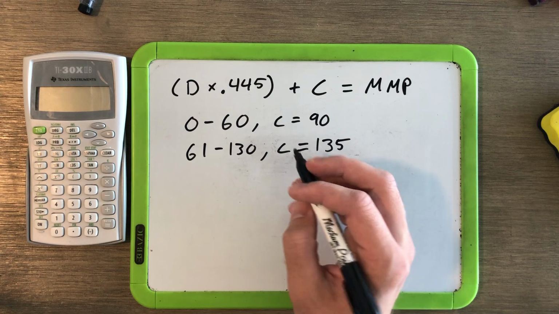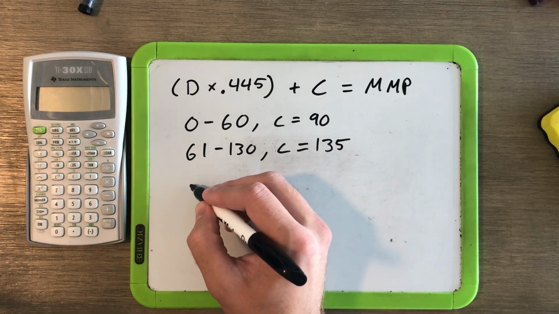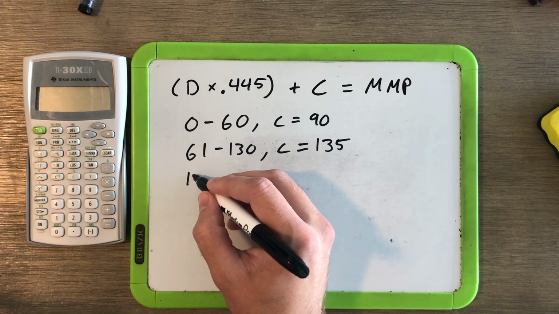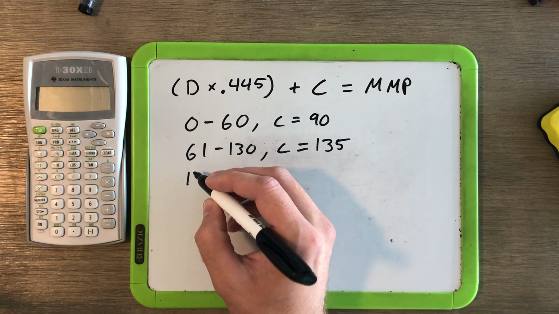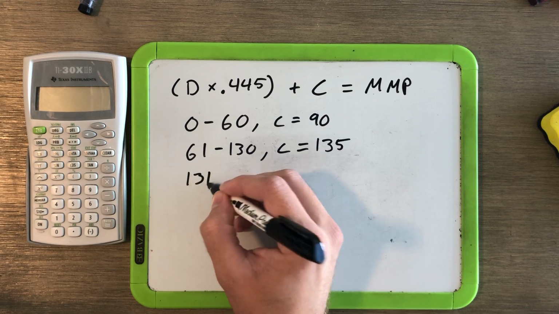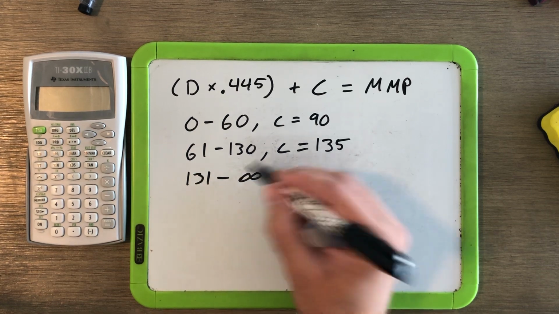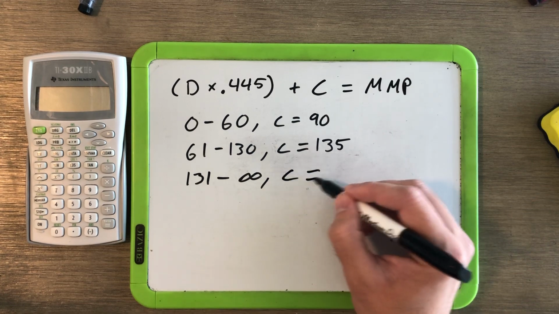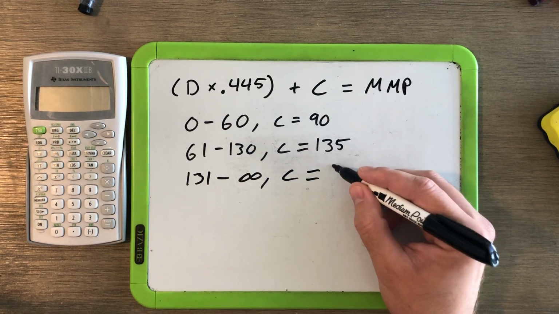And then finally, if you are deeper than 130 feet, so basically 131, we'll call it, to infinity, C is going to be equal to 165.